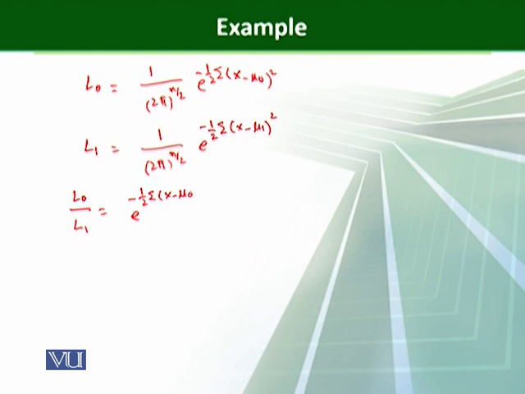x minus mu naught square, और ये जब ऊपर जाएगा तो ये पॉजिटिव हो जाएगा.